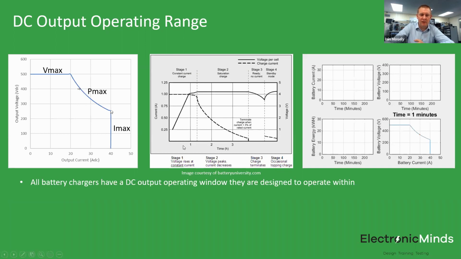The middle plot here shows a typical charging scheme for a lithium-ion battery cell. An electric vehicle battery comprises a lot of these cells put together. But you can see here in this example scheme, for the first hour of charging, we're delivering a constant current. The terminal voltage on the battery starts to increase over that time, and when the battery management system recognizes you've got to a certain cell voltage, it will then tell the charger to start reducing the current level accordingly.